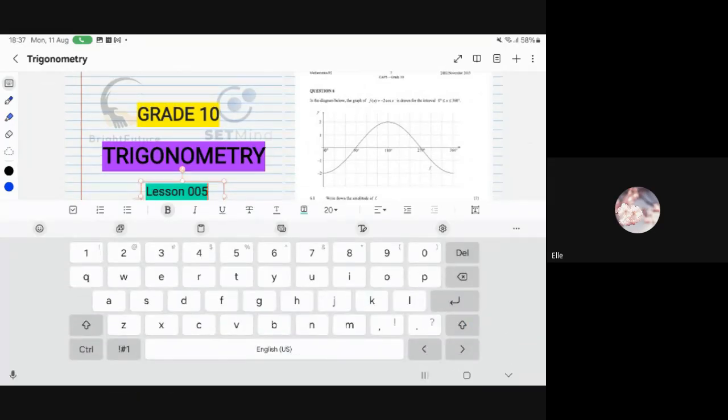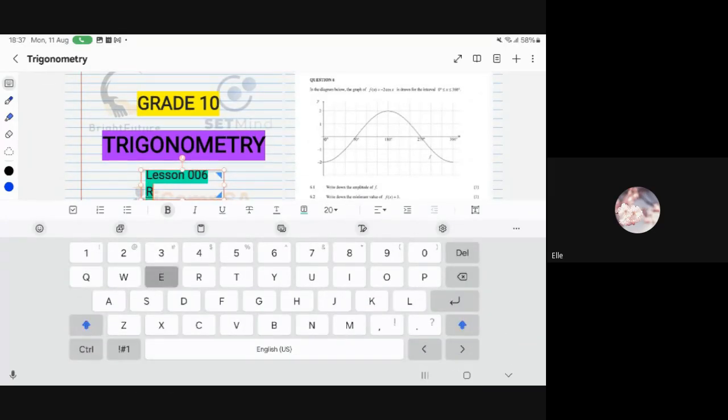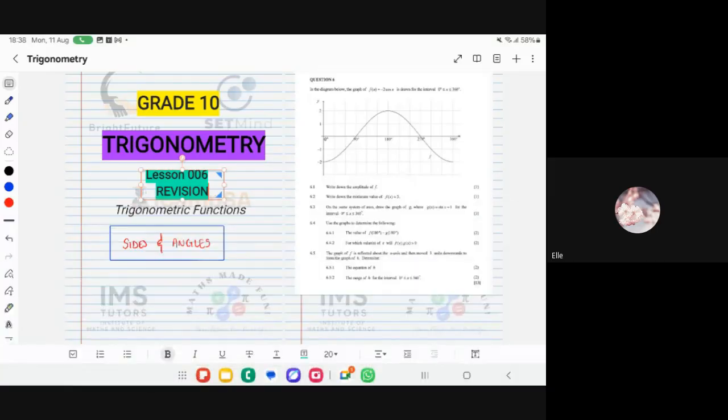Lesson 6. This is a revision that we're going to be doing today, guys.